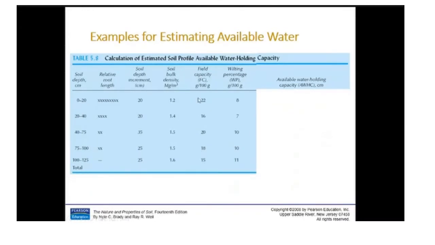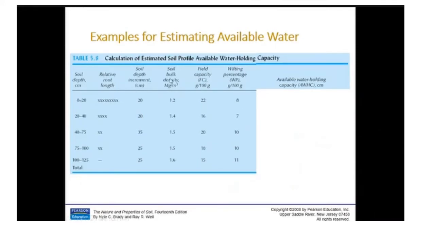And we have the data of the depth, the bulk density, the field capacity, and the wilting point. How can we calculate the depth of the volume of the available water? Very easy. First, we have to calculate the available water content on a gravimetric basis. You see here, this is gravimetric moisture content: field capacity minus wilting point, and then we multiply by the bulk density, but we have to make sure that the bulk density is in the same units.